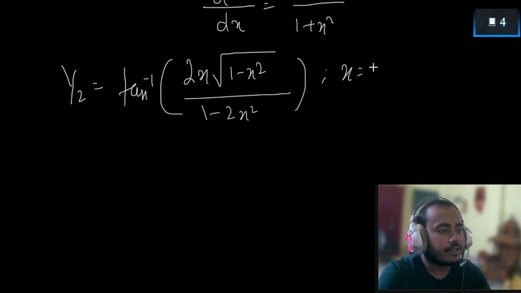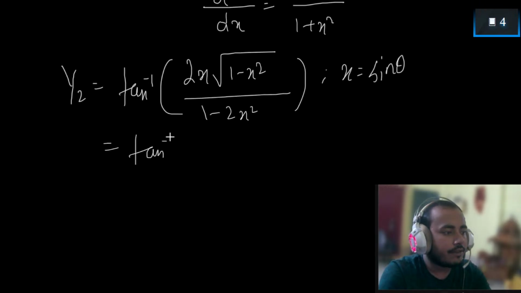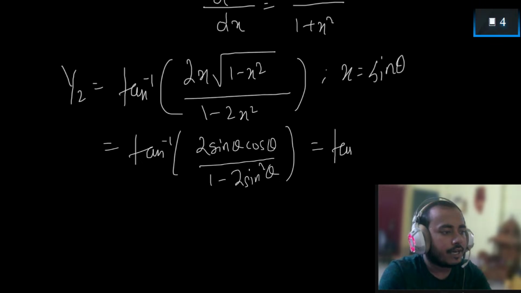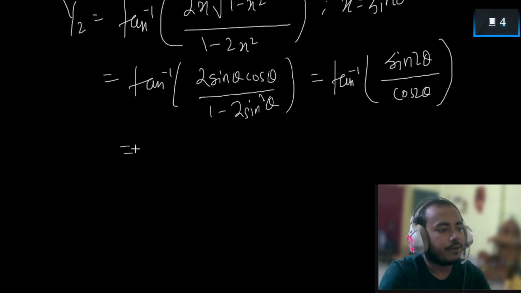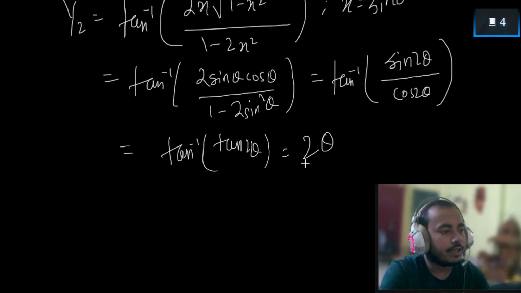The substitution that works here is x equals sine theta, and if you do that, you simply get tan inverse of 2 sine theta cos theta divided by 1 minus 2 sine square theta. In this way, you get tan inverse of sine 2 theta divided by cos 2 theta. And this would give you y2 equals tan inverse of tan of 2 theta, which equals 2 theta.